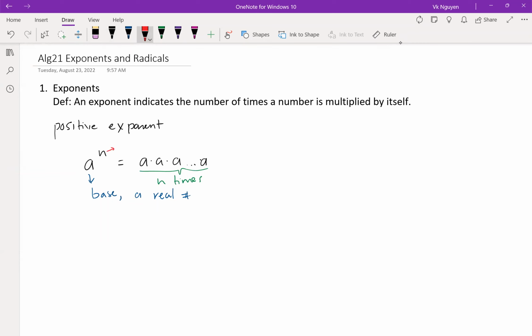N is the exponent or power, a positive integer. Example, 2 to the 4 is 2 times 2 times 2 times 2, which is 16.